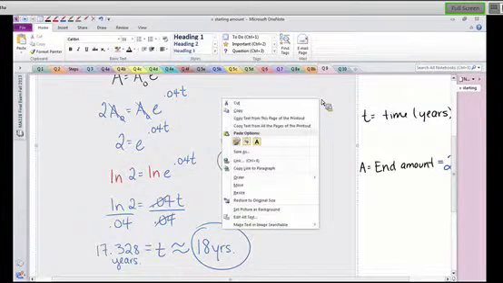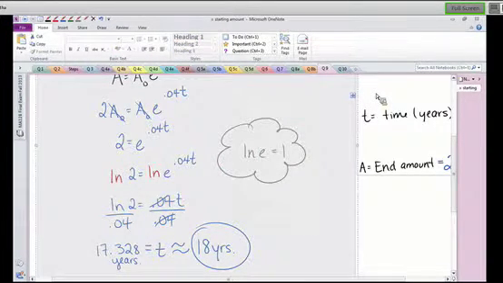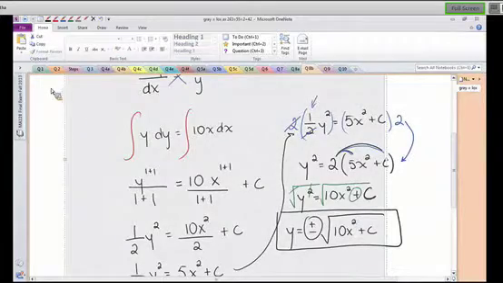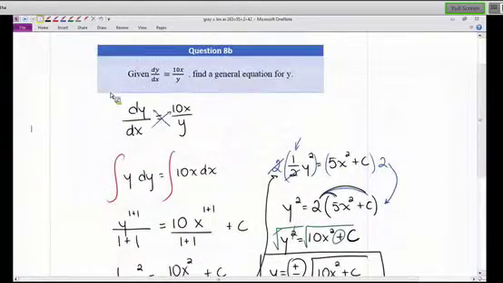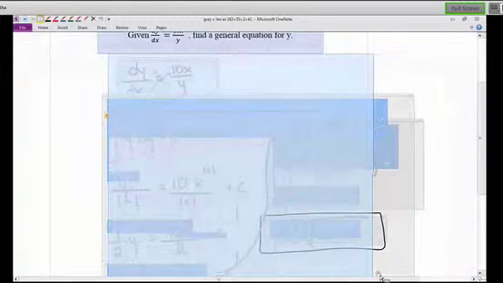Whichever one you want, it doesn't make a difference to me. Either one. All right, so then we'll do 8B. Let me just clear this out.